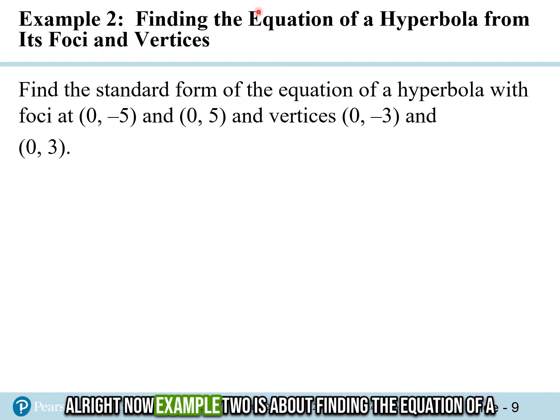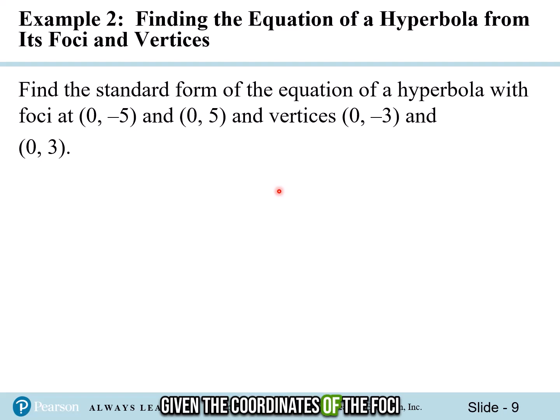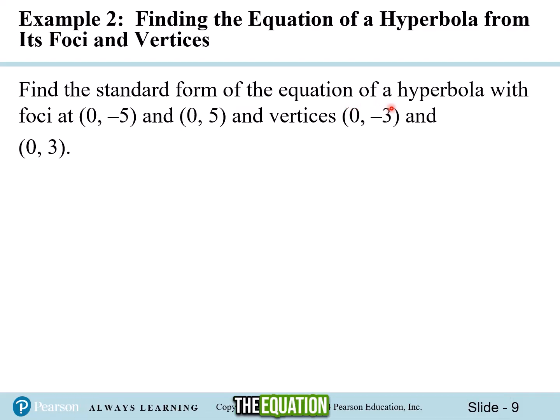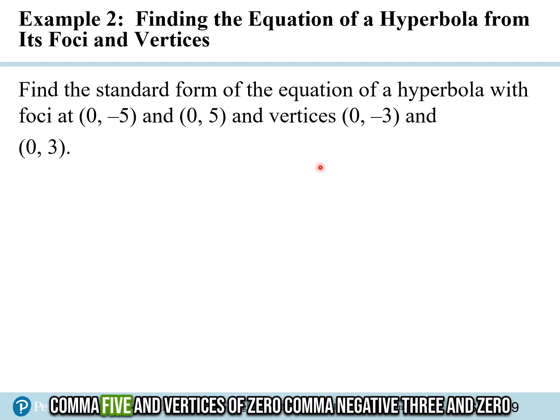All right, now example 2 is about finding the equation of a hyperbola given the coordinates of the foci and the vertices. The question says find the standard form of the equation of a hyperbola with foci at (0, -5) and (0, 5) and vertices of (0, -3) and (0, 3).